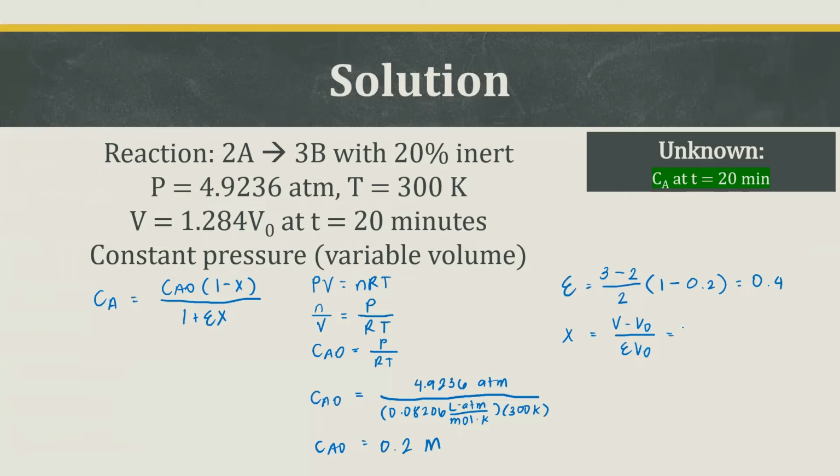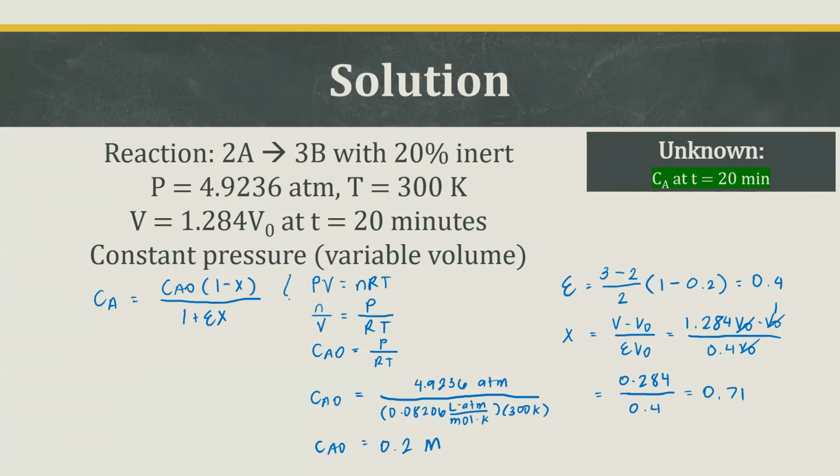So we can make use of that: 1.284 V naught minus V naught, all over our epsilon, which is 0.4 here, times V naught. We can cancel the V naught, so this becomes 1. This equation becomes 0.284 over 0.4, and that's going to be 0.71.